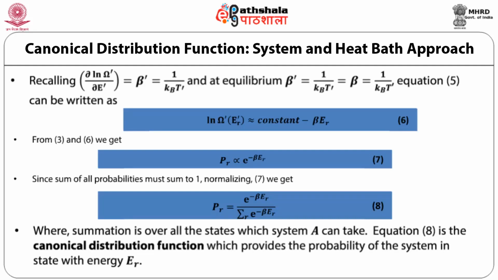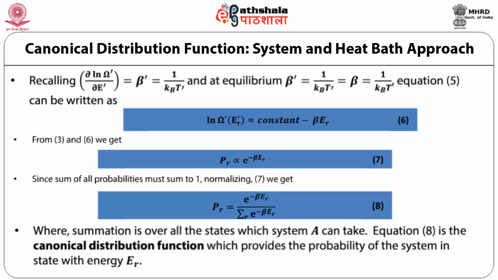Recalling, the derivative of log Ω' with respect to E' is equal to β', which is 1 upon kB T', and at equilibrium β' equal to 1 upon kB T' is equal to β, which is 1 upon kB T. Equation 5 can be written as log Ω'(ER') approximately equal to constant minus β ER. From third and sixth, we get PR proportional to e raised to the power minus β ER.